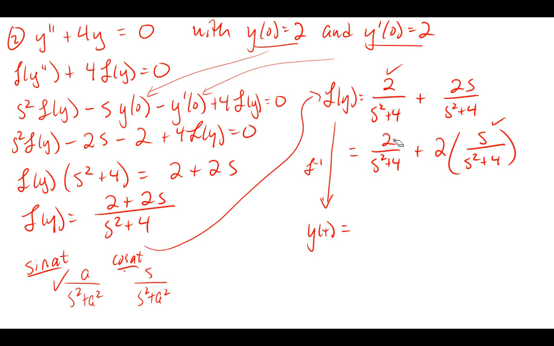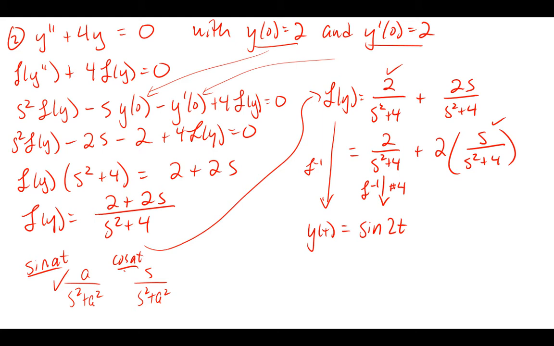And if I do the inverse of this one, let's see. The inverse of this one matches perfectly with sine. I don't remember the number, but I think that was number 4 in the chart. It matches perfectly where a is 2. So this is going to turn into sine of 2t.